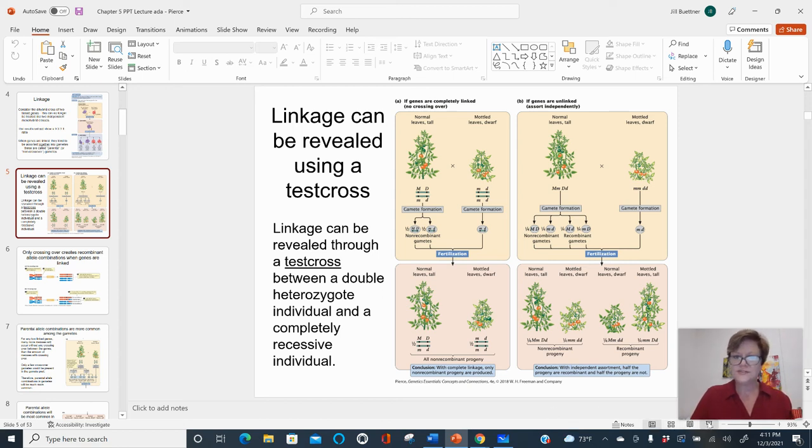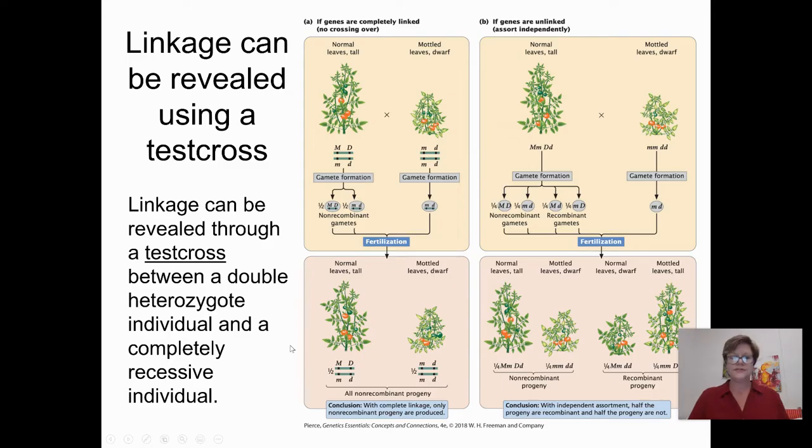So in the last video segment, we were discussing linkage, how you would know if there is linkage. One way would be you tried to do a dihybrid cross and you got an F2 ratio that was not 9:3:3:1.